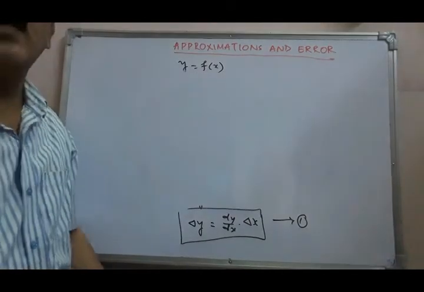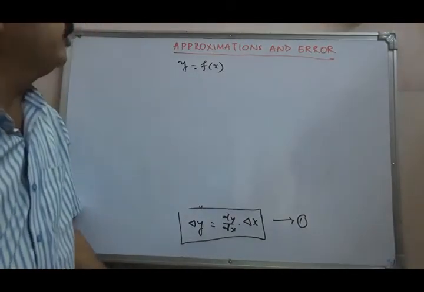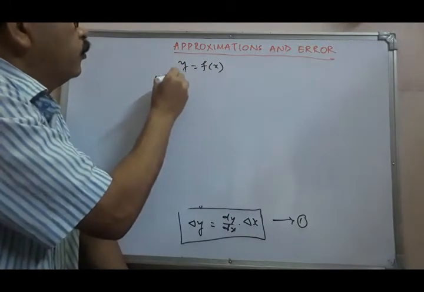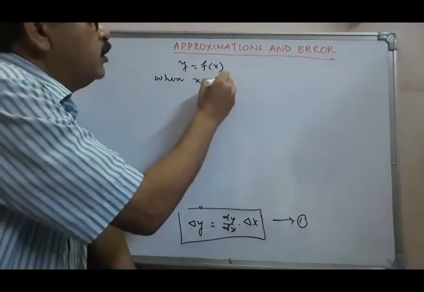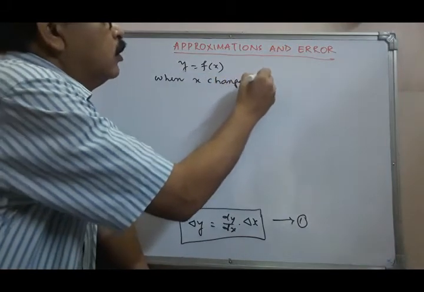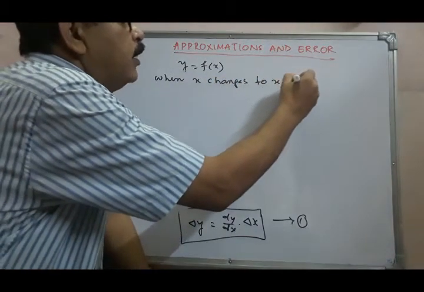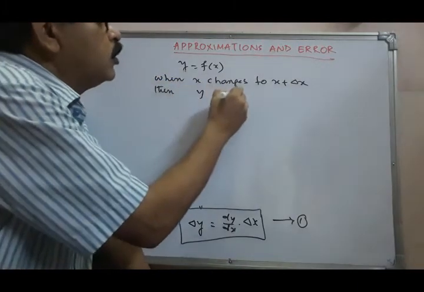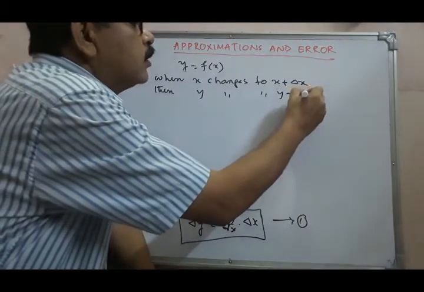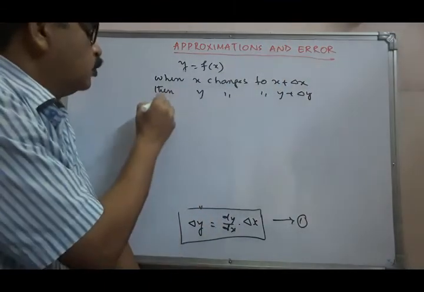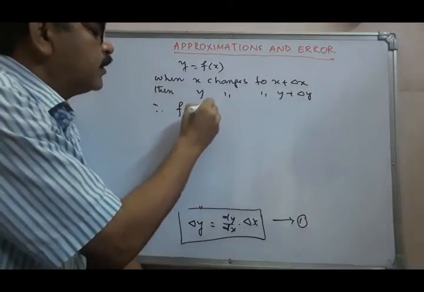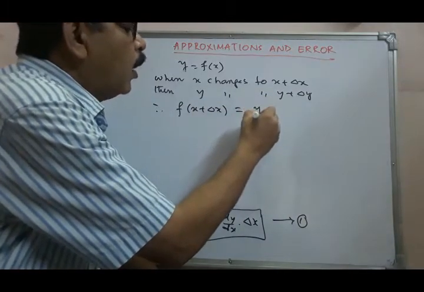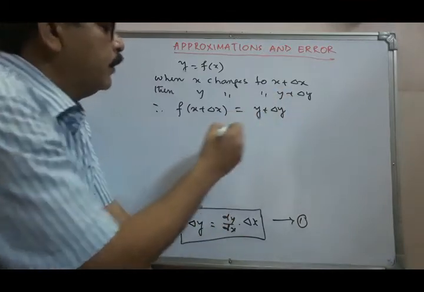Next, again let y equal to f of x. Then when x changes to x plus delta x, the corresponding y also changes to y plus delta y. Therefore f of x plus delta x is y plus delta y.